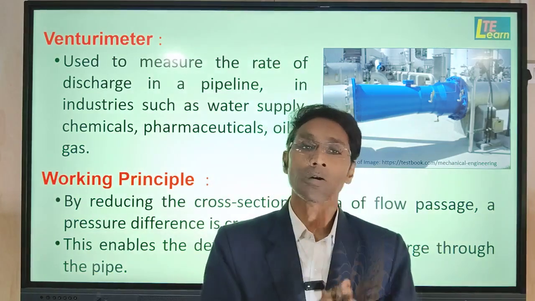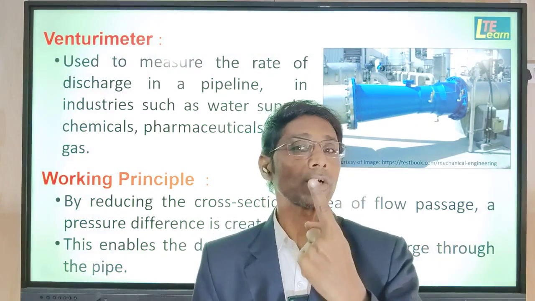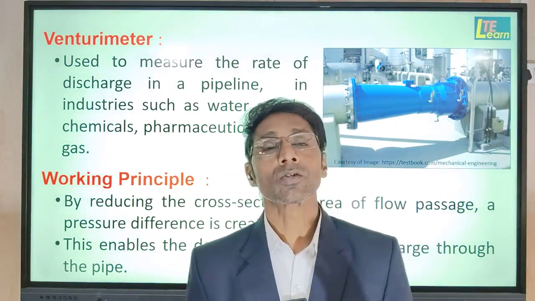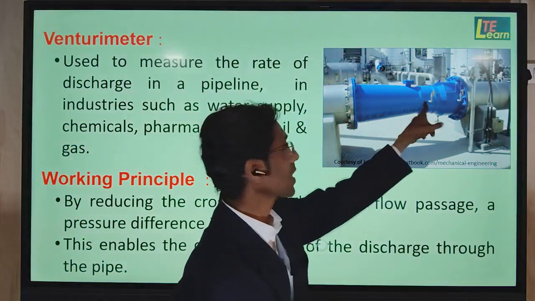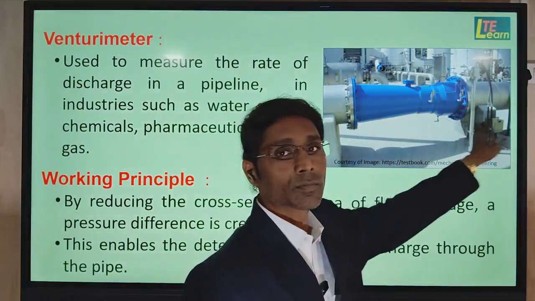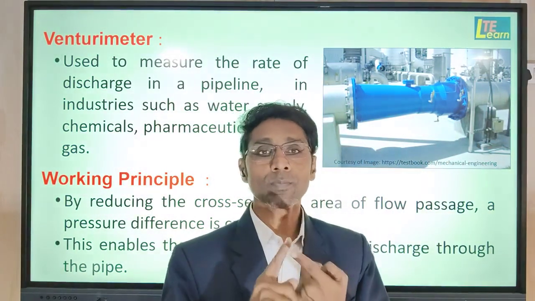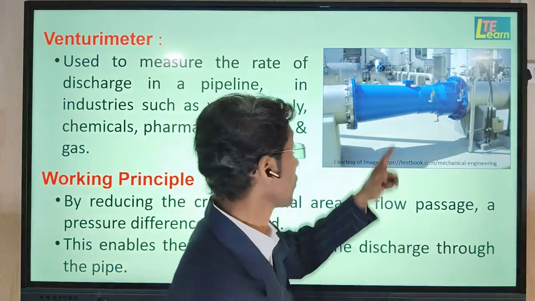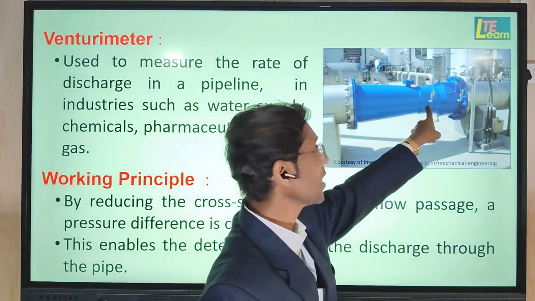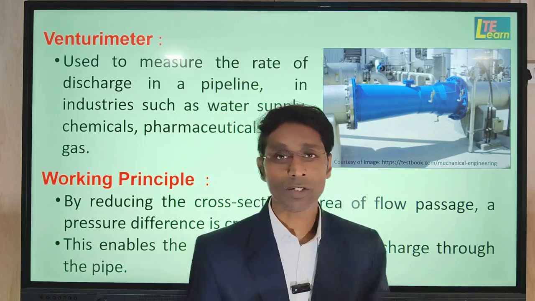Now we come to the Bernoulli's equation. Bernoulli's equation is the sum of first pressure energy, second kinetic energy, and third datum energy. As this pipeline is horizontal, the datum level is the same throughout. So here we have two energies: pressure energy and kinetic energy. When there is a change in the kinetic energy due to change in cross-sectional area, this kinetic energy change changes the pressure energy.